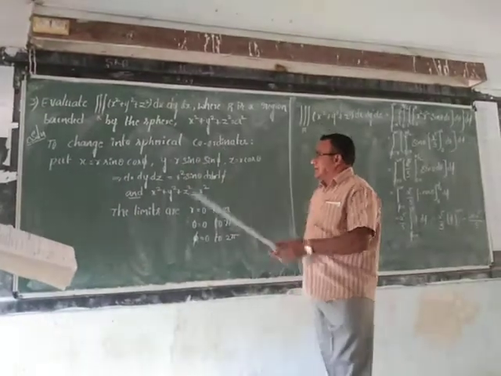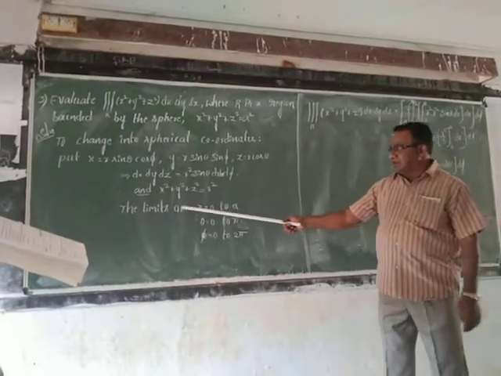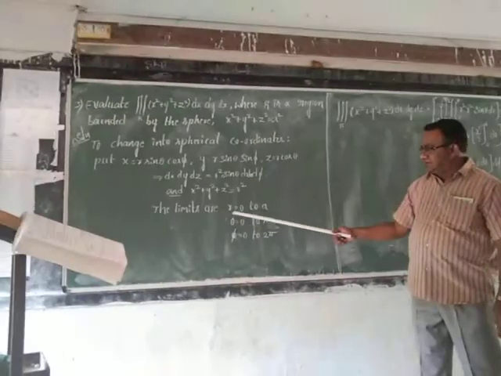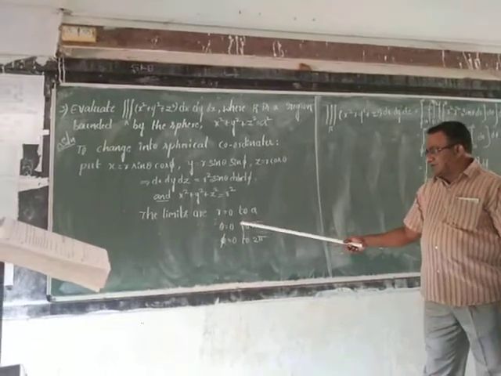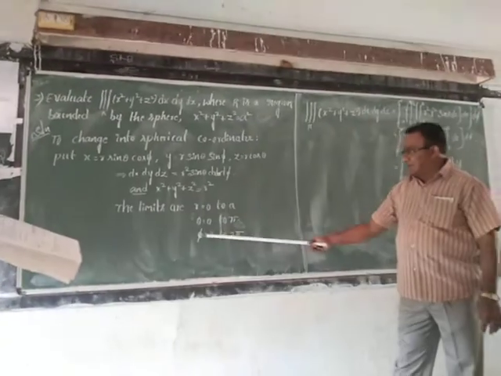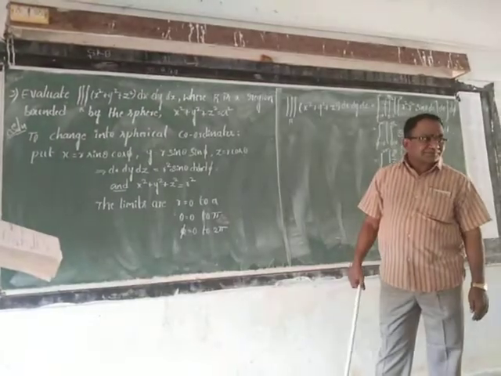And as x squared plus y squared plus z squared is equal to a squared, the limits of integration are: r varies from 0 to a, theta varies from 0 to pi, and phi varies from 0 to 2 pi, because it is a whole sphere.